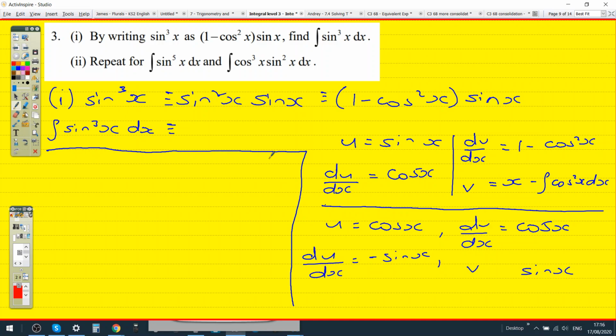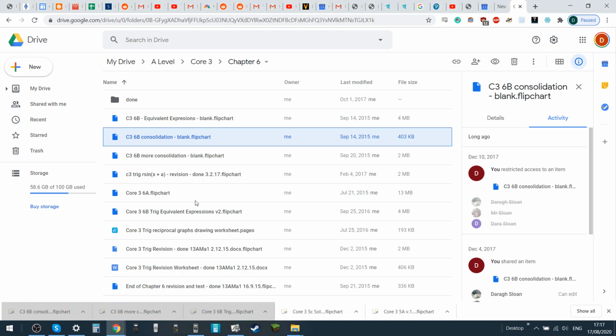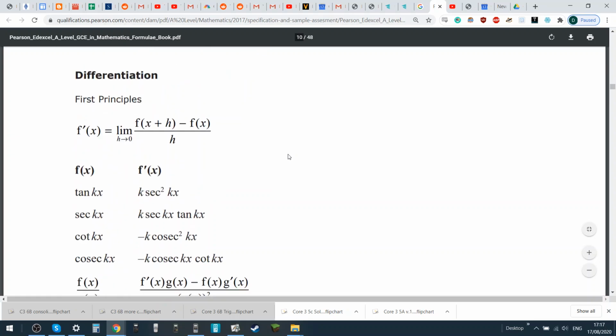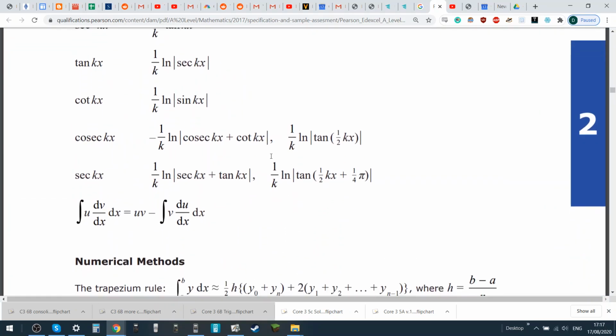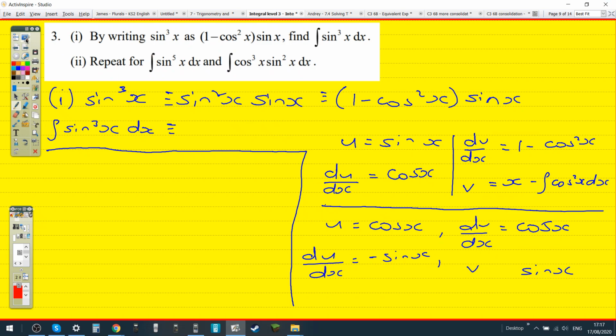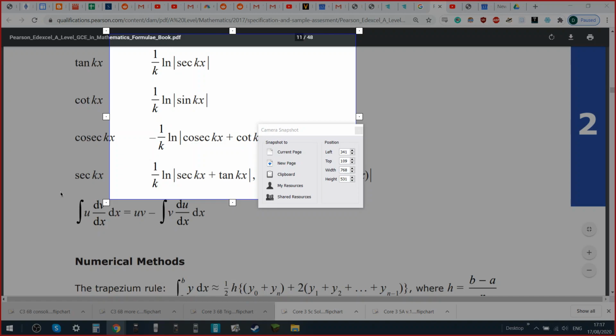Do you remember the formula? Yeah. I mean, I don't know the formula, but my maths teacher taught us a good way to do it, so I know how to do it. Okay. I don't know the formula. So it's cos x sine x. Okay.